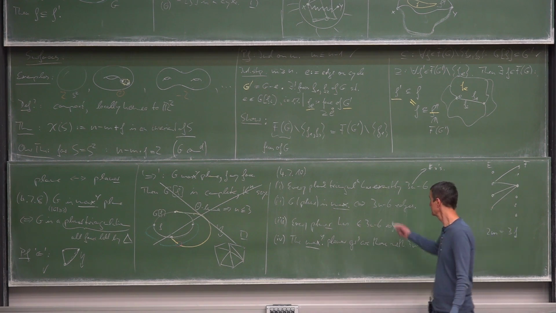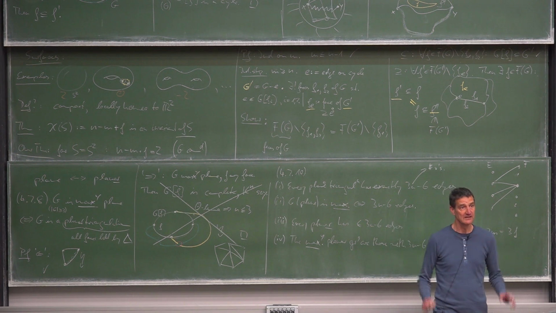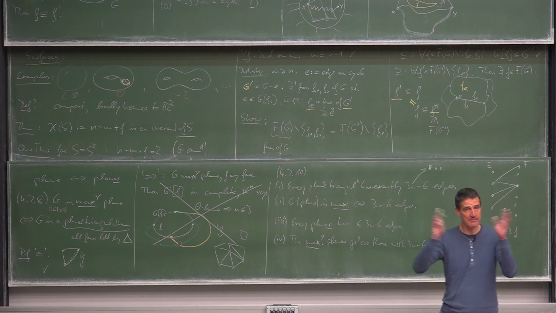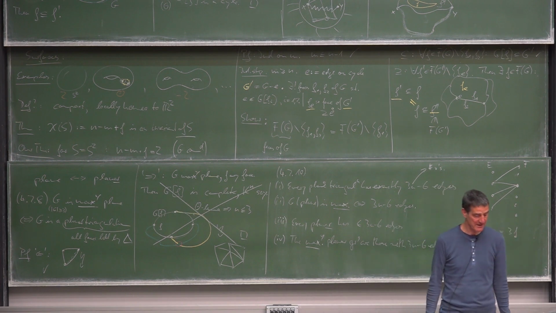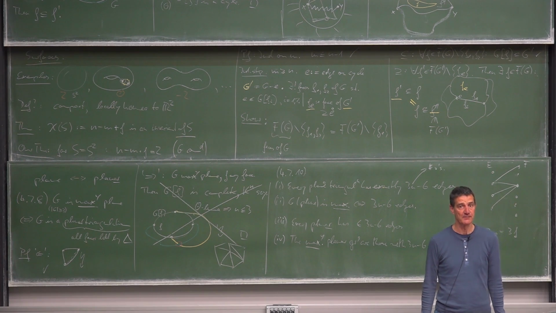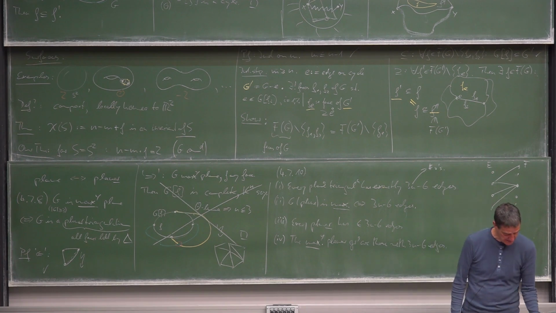So if our plane graph already has 3n minus 6 edges, then it's maximal not only with respect to that particular drawing, but really with respect to fitting in the plane. And I think that's all I want to say.